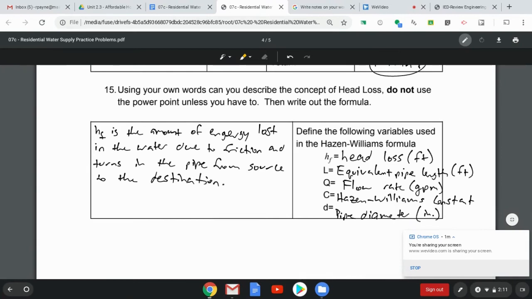And then the formula, not something you need to memorize. You can always just look it up. H sub F is 10.44 times L times Q raised to the power of 1.85, all divided by C raised to the power of 1.85 times D raised to the power of 4.8655.